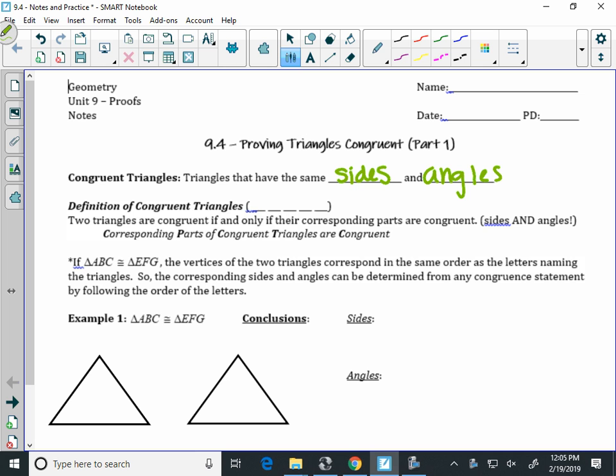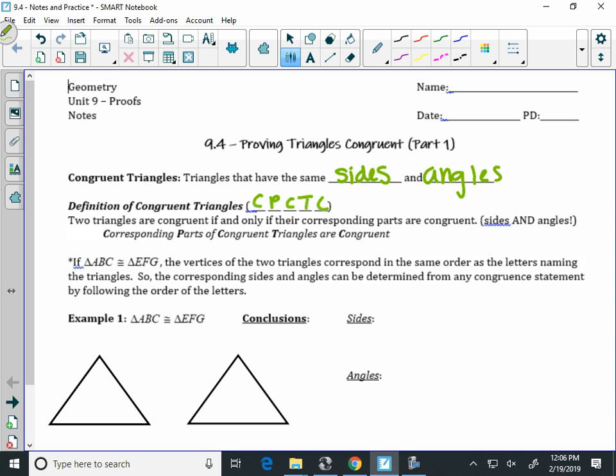So if all three corresponding sides are the same and all three corresponding angles match up, then those triangles are congruent. This is known, and we'll talk about this much later, as CPCTC, corresponding parts of congruent triangles are congruent, meaning if all 6 parts, all sides and all angles, are congruent, then the triangles have to be congruent.